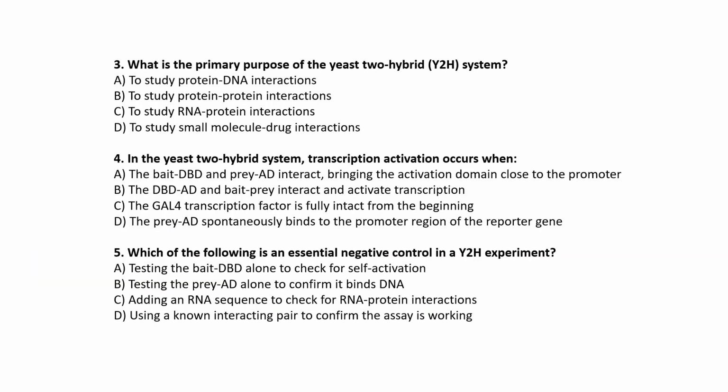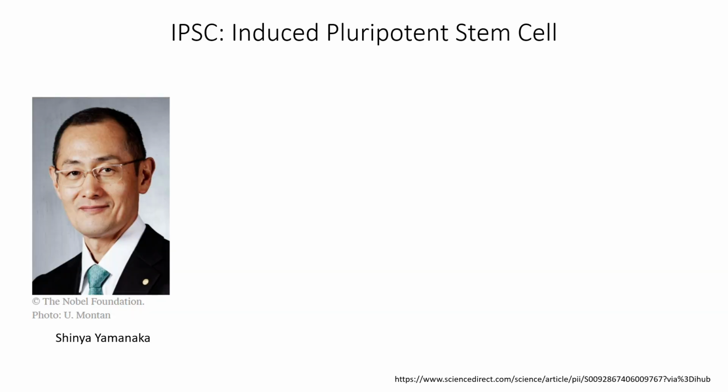Okay, so with that, I will move to the next topic, which is about induced pluripotent stem cells. As you all know, this amazing discovery that you can induce pluripotency into adult cells, so essentially make stem cells from adult cells, was by Shinya Yamanaka and his postdoc Takahashi, and many others who had found out about these different factors also before him.